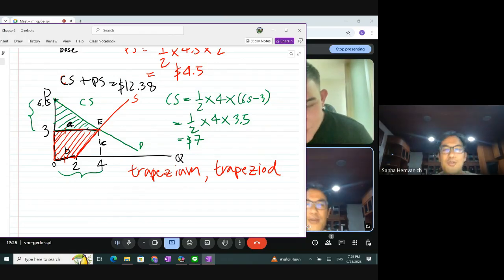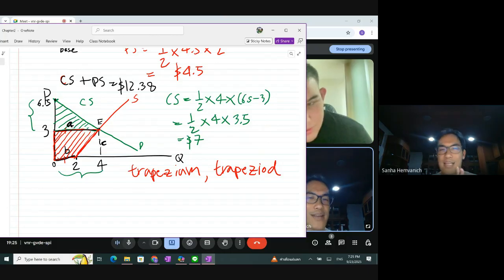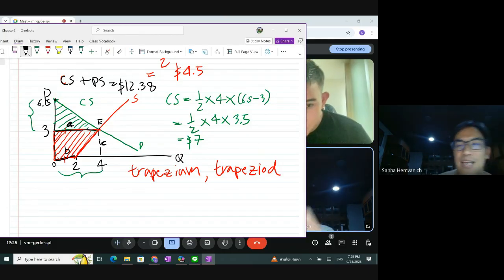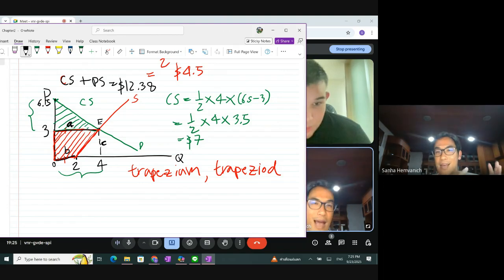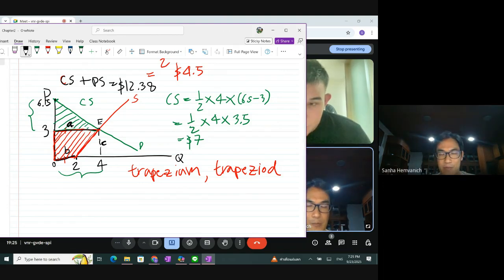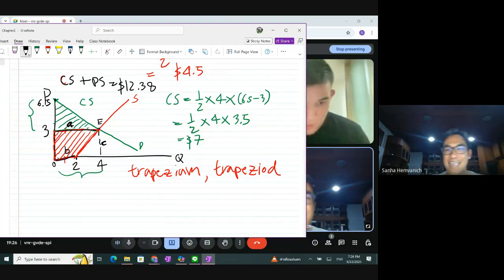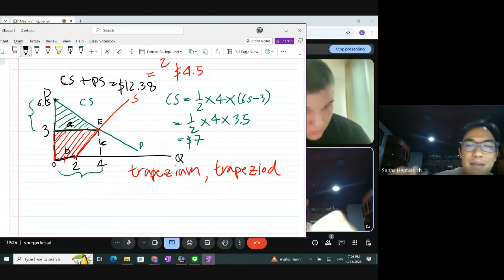Let me show you what this actually is. The formula originates from taking a rectangle and then deducting the area of a triangle. C is not even part of the trapezoid, but we're using it.